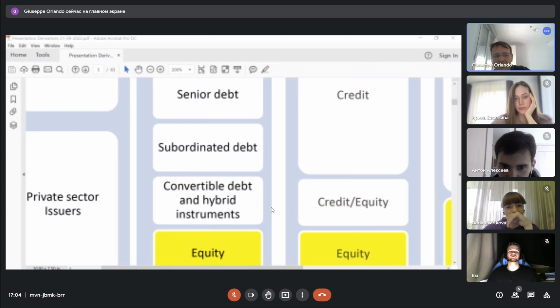You know this. But then subordinated debt, it could be that in case of bankruptcy, there are conditions about who is going to pay and when. So, for example, a clause can say, first we pay all the creditors that are senior, and then if there is some money left, we will pay the creditors of subordinated debt.